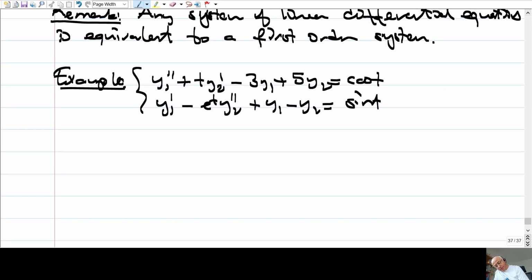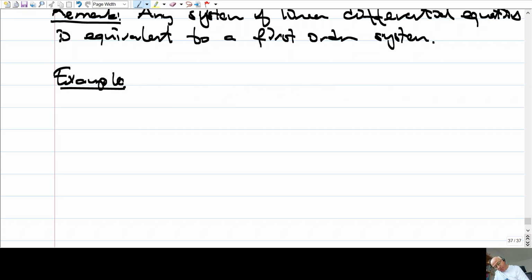Ya mesela sadece şöyle olsaydı okey. Okay. y1 double prime minus t times e to the y2 y1 prime plus y2 equals cosine t.